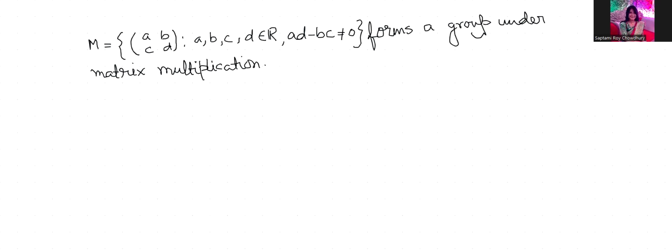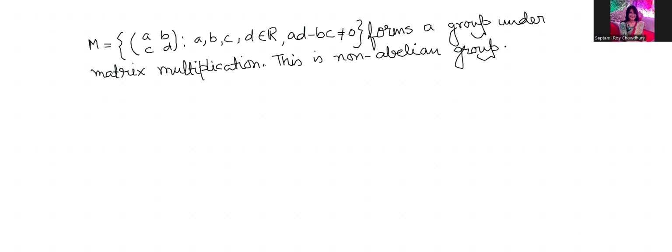Moreover, this is a non-abelian group, as we know that matrix multiplication is not commutative. This is actually a non-abelian group. We will prove this one by one.